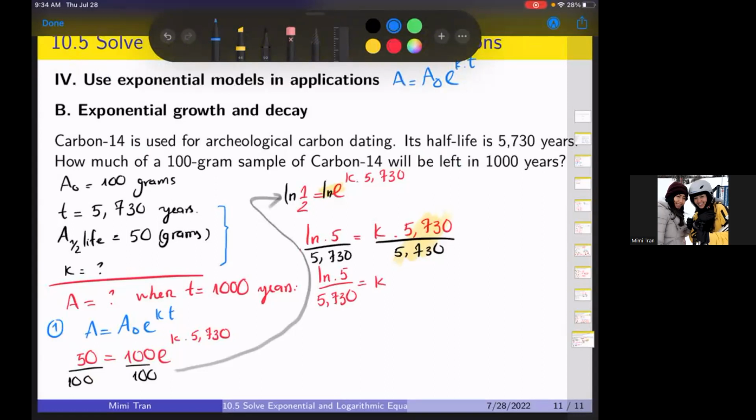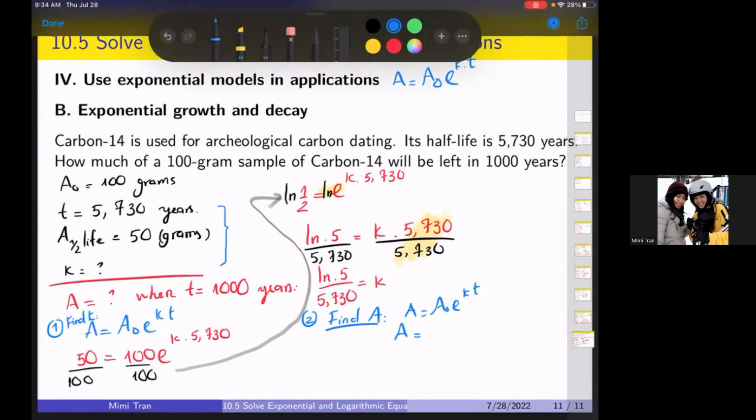Now step 2, we want to find A. Again, I'm going to rewrite that formula. A equals A naught e to the kt. A is what I'm looking for.